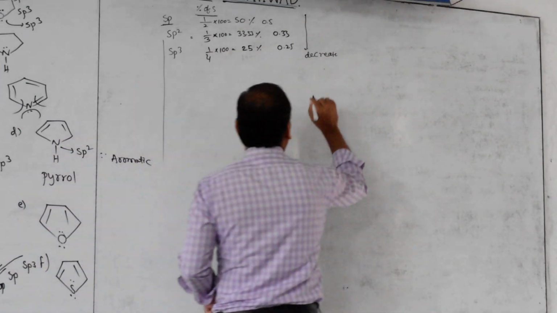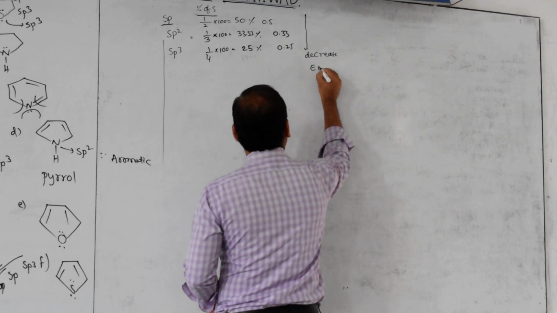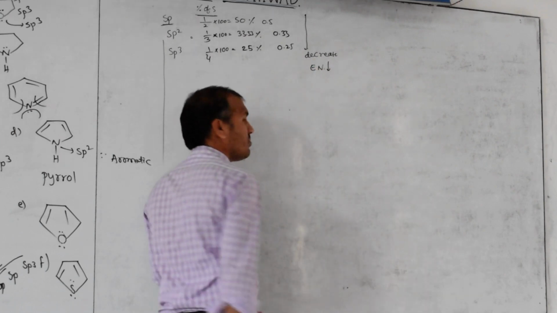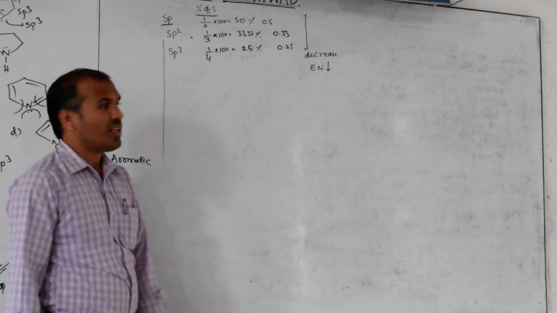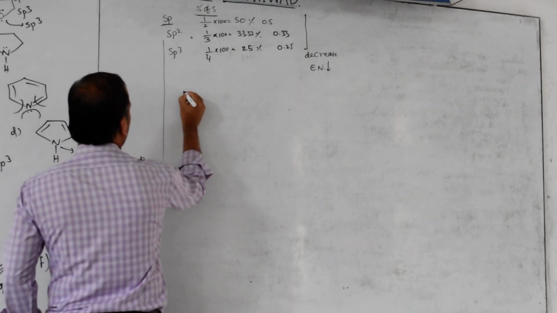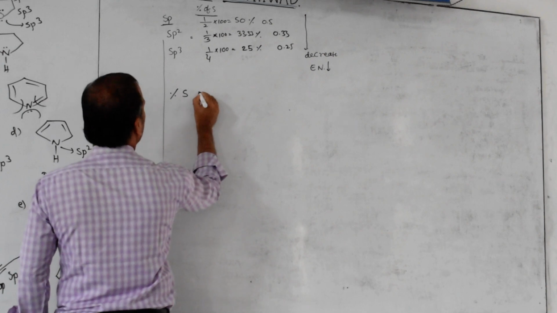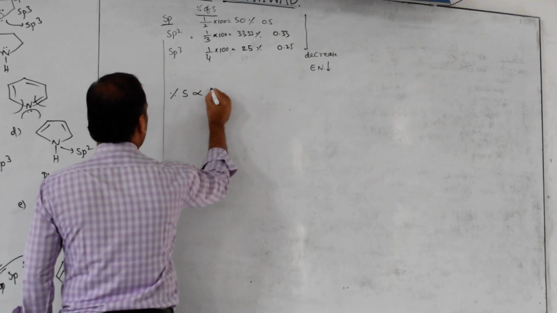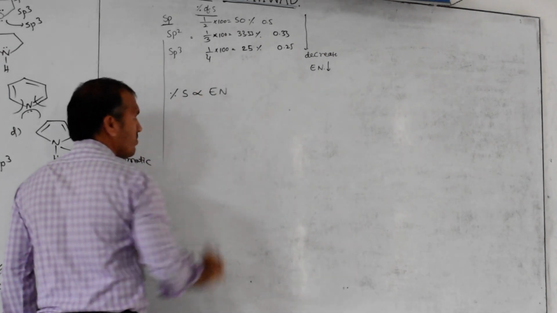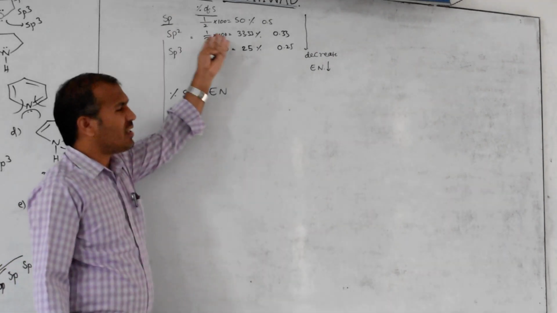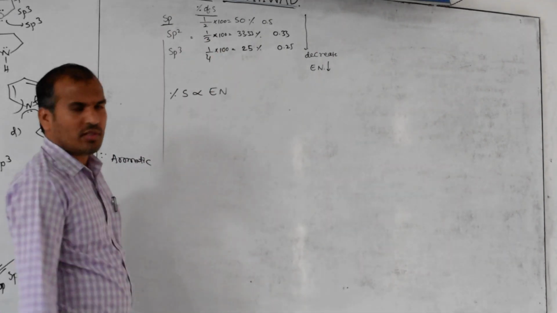Percentage of S character decreases means electronegativity also decreases. Note that electronegativity. Otherwise I will write here: percentage of S character is directly proportional to electronegativity. More percentage of S character, more electronegativity.